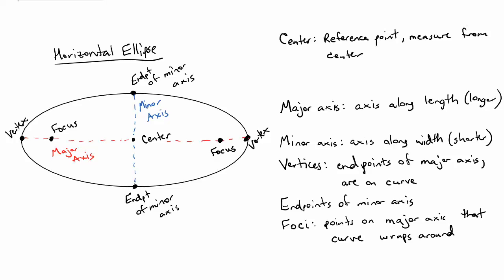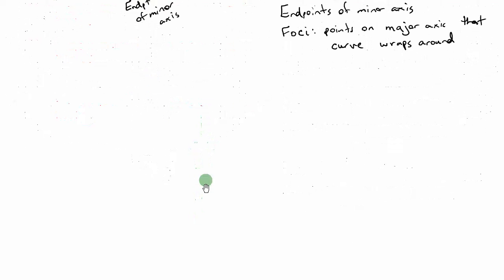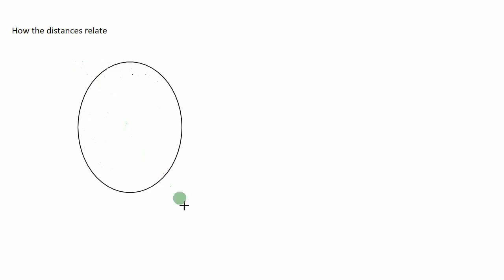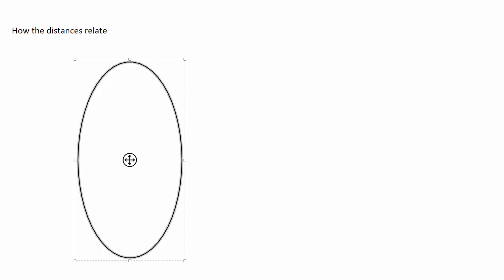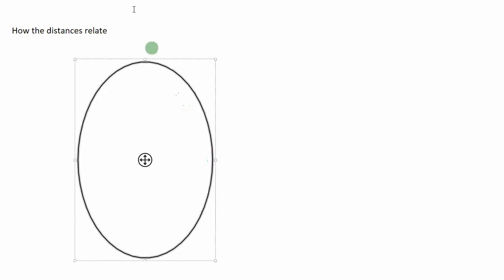Now let's get to how the distances relate. I'm doing this for a vertical ellipse, but it could also be for a horizontal, and to make it have a little more room, I'll make it wider.